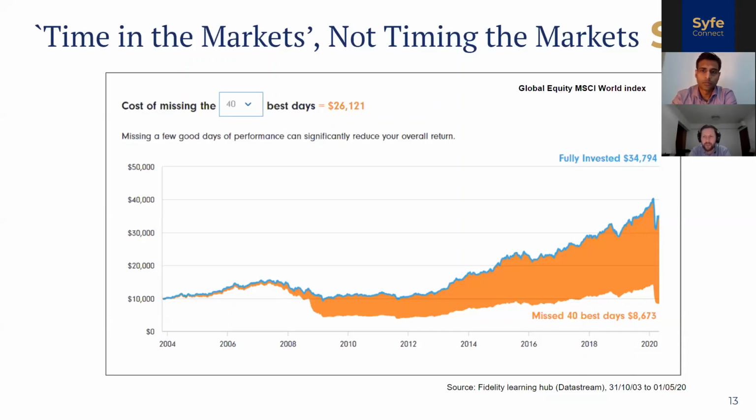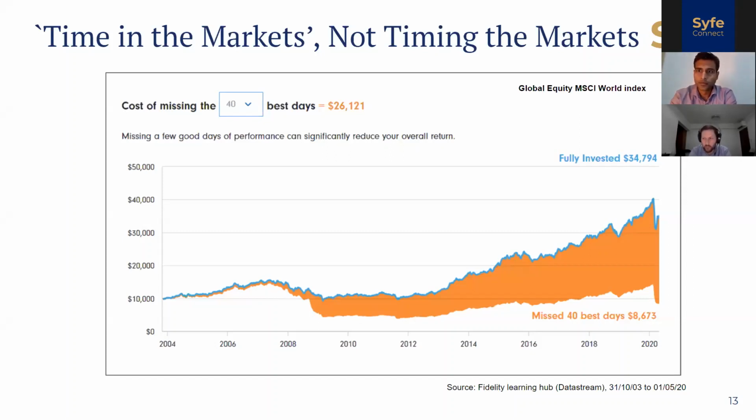So if you were holding back from getting into the market because you wanted to see what the markets might do, you might be doing more harm than good, because sitting on the sidelines waiting for that perfect moment, you might miss one of the 40 best days in this example, and actually do more harm financially.